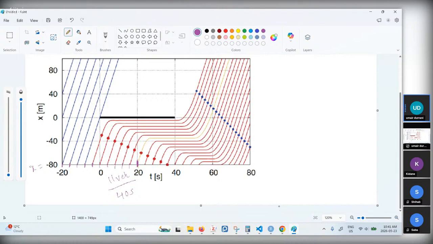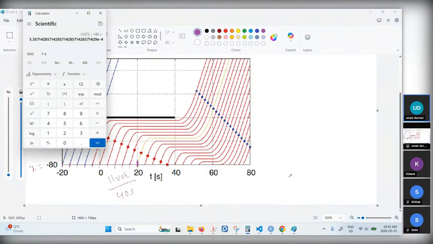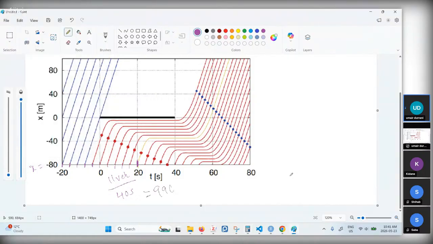If you want to convert it into hours, that would be 40 divided by 60 into 60. So if we do that, 60 into 60 into 11 divided by 40, that gives us 990 vehicles per hour.